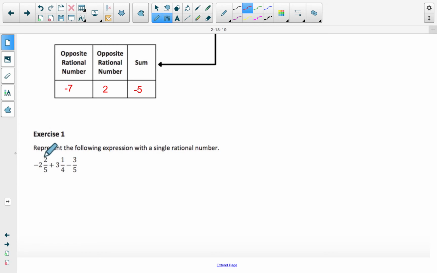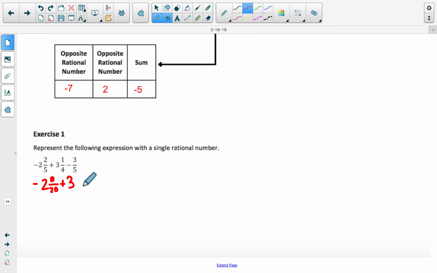So to get 2/5 to have a denominator of 20, we have to multiply by 4/4. Then I have -2, the whole number is going to stay. And now I have 8/20. Make sure that's neat for you guys. Now, to get the 3, the whole number is going to stay the same.